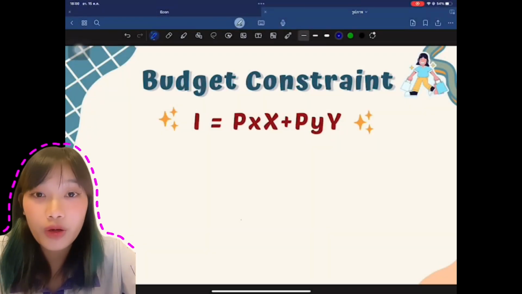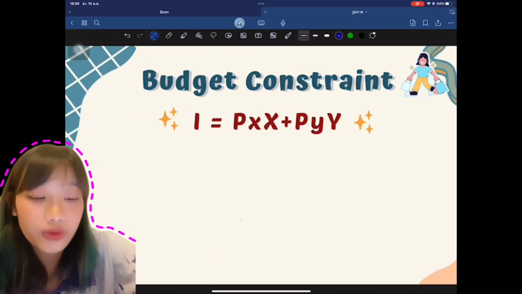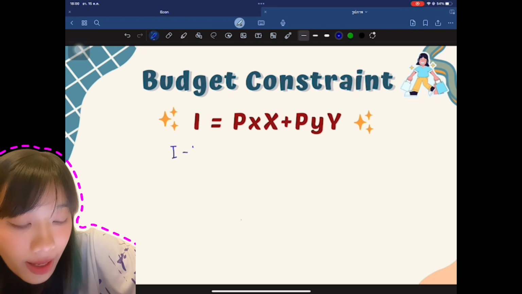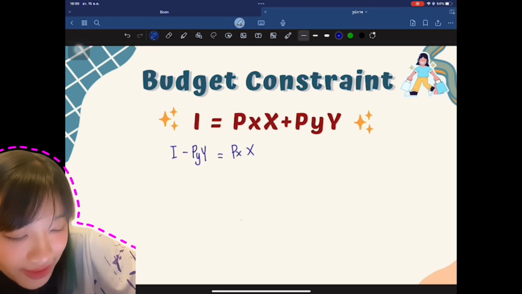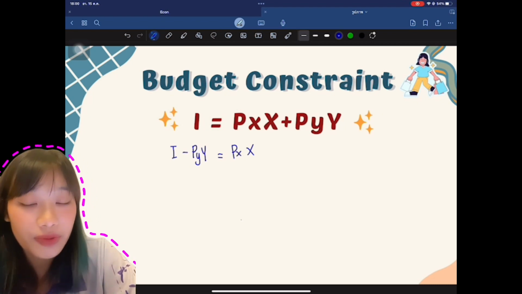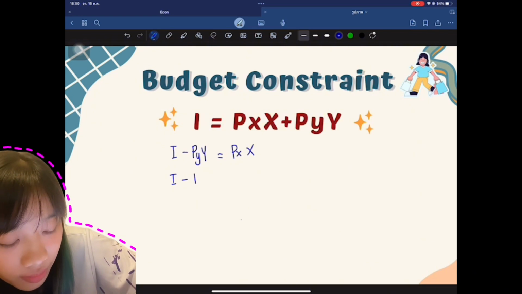So guys, we can draw the graph with this equation. I will send Py times Y to the other side. I will get I minus Py times Y equals Px times X, and then I will send Px to the other side by dividing.